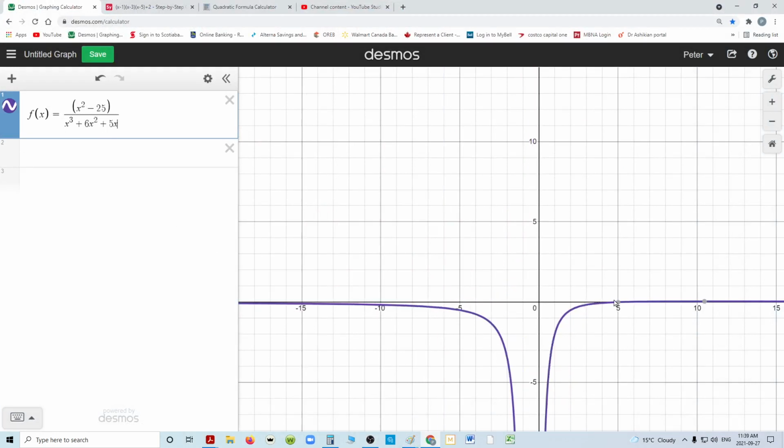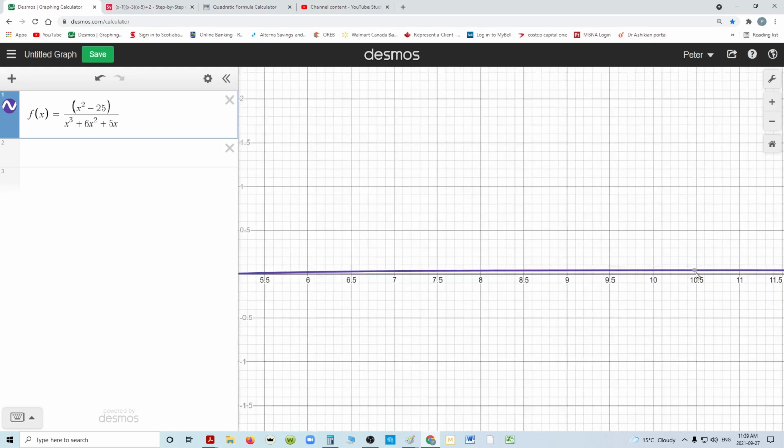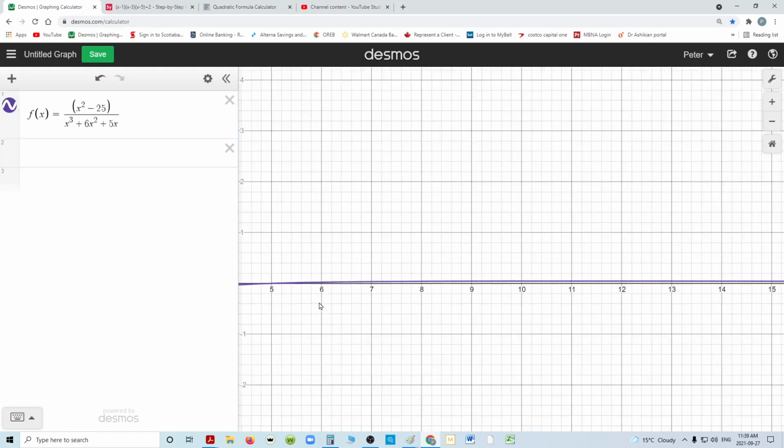Okay, so there's that point where it crosses. So all the values to the right of that. Oh, it crossed again, though. Why is that in there? Why is that showing me a dot? Oh, I guess I just clicked on it.